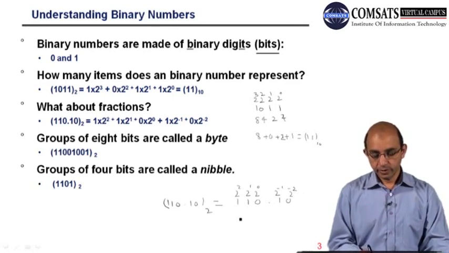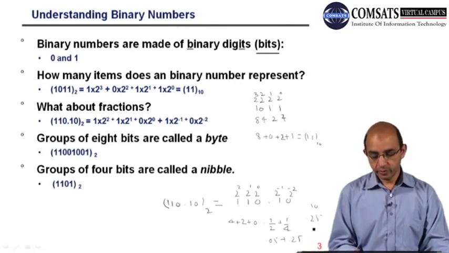So this is 4 plus 2 plus 0.1 by 2 plus 1 by 4. So we can have the answer: 1 by 2 is 0.5 and 1 by 4 is 0.25.